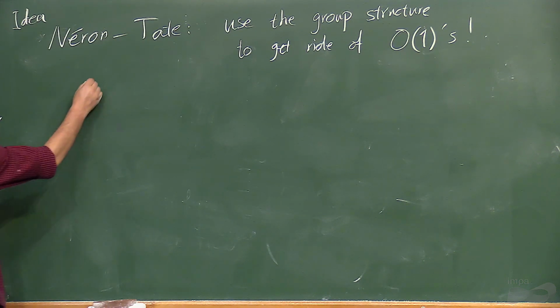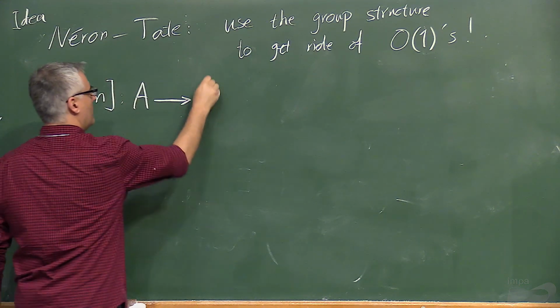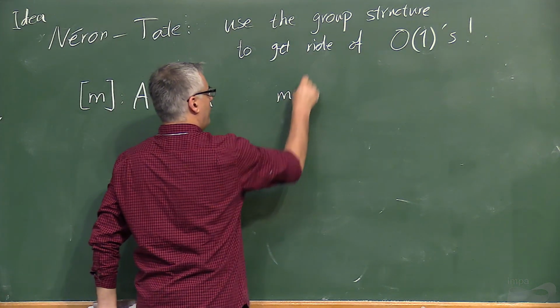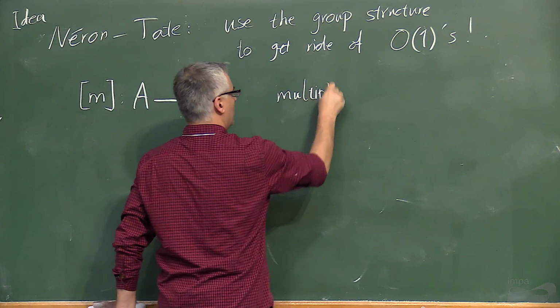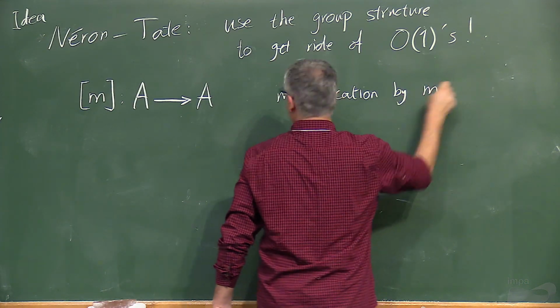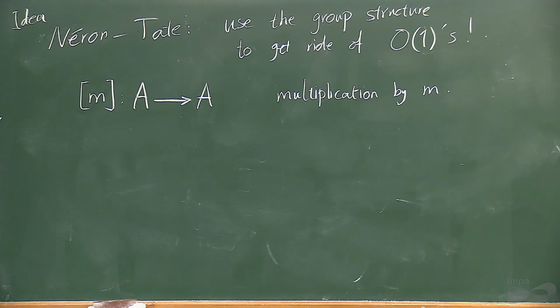Okay, let's look at multiplication by m now. I'm going to say what Tate did, and then I'll focus later on the technique of Néron, which is more relevant to tropical stuff. So this is multiplication by m. At the level of points, x goes to x plus x plus x, m times.